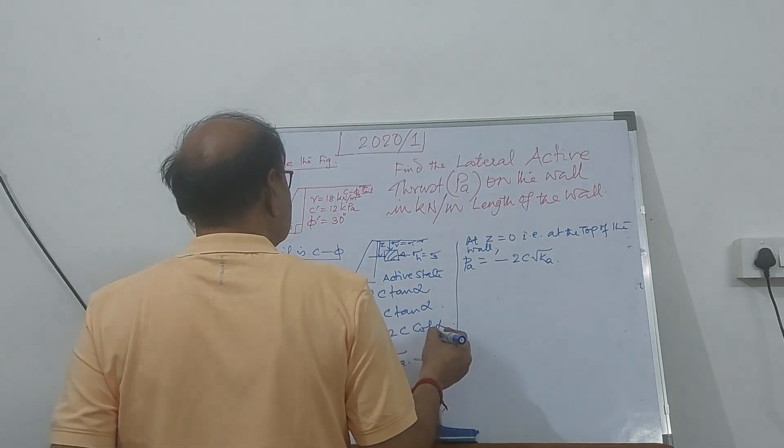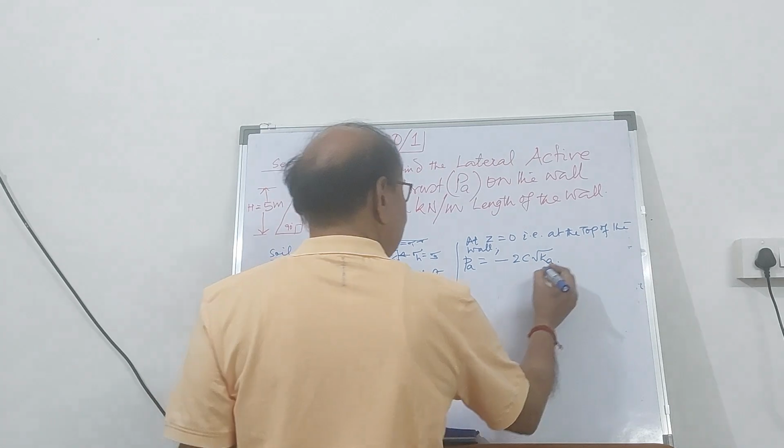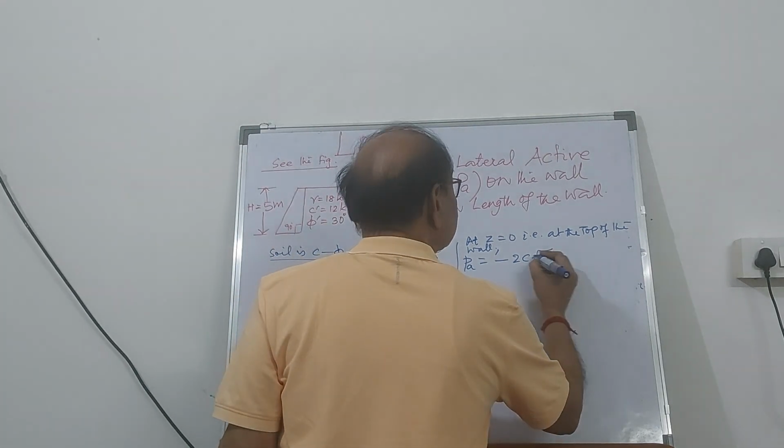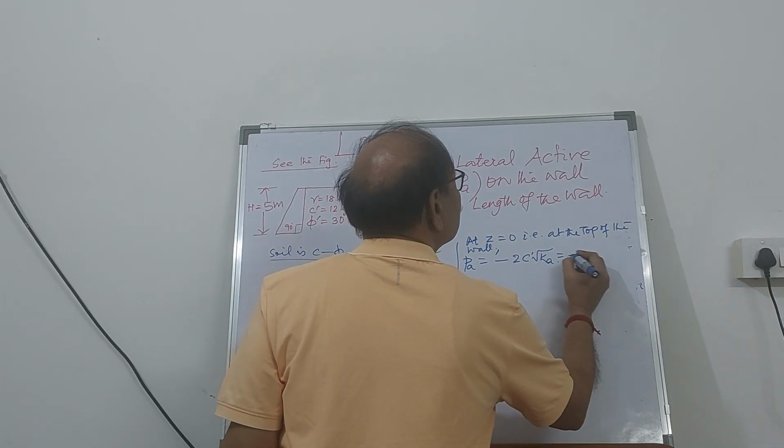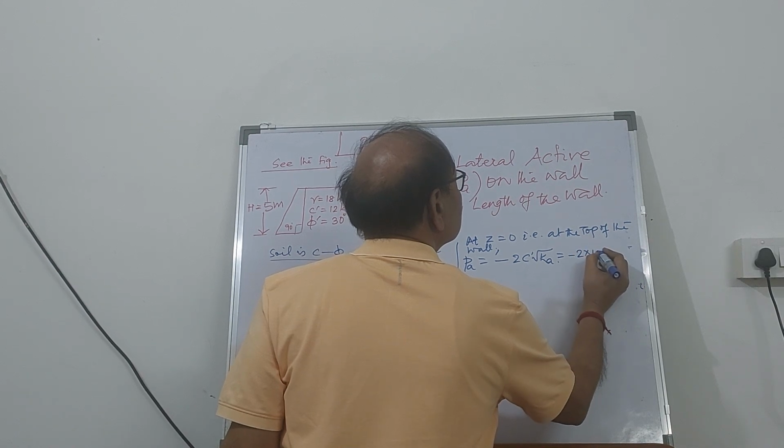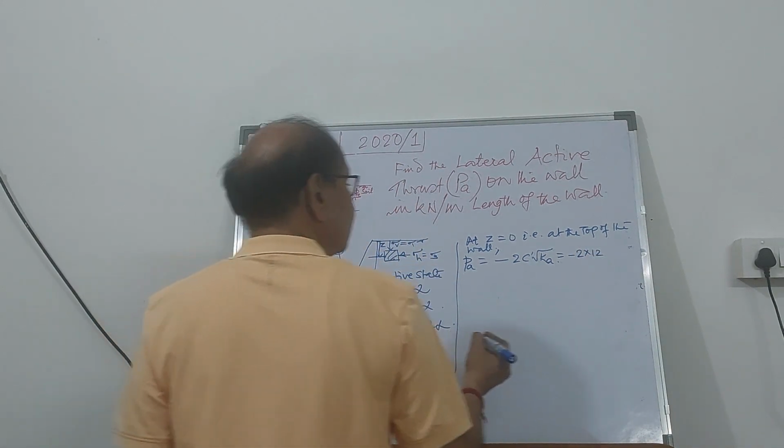So the pressure is going to be negative and this can be calculated. This will be C prime, so minus 2 into C prime is given.